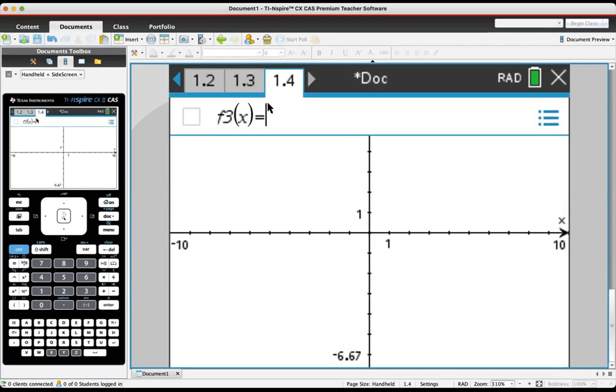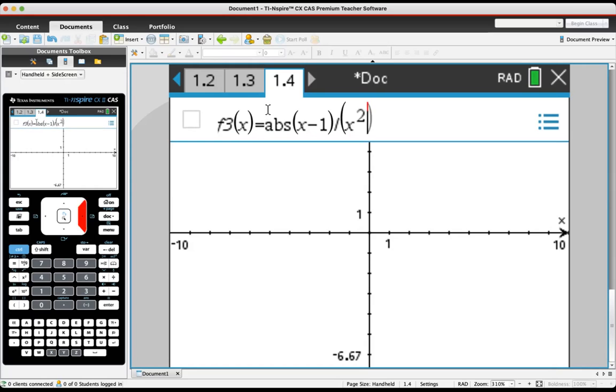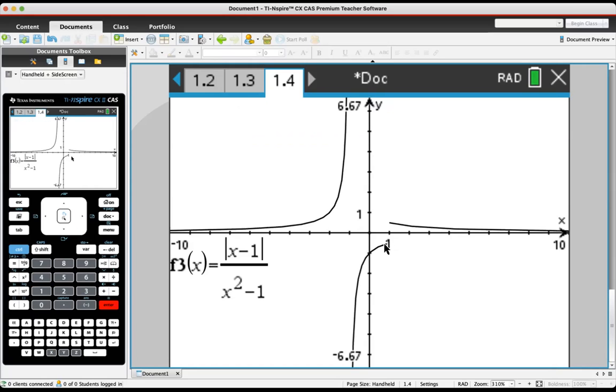Okay, so I'm looking at absolute value x minus 1 divided by x squared minus 1. Okay, now, the interesting thing is this bit. This bit is like a hollow point at x equals 1.